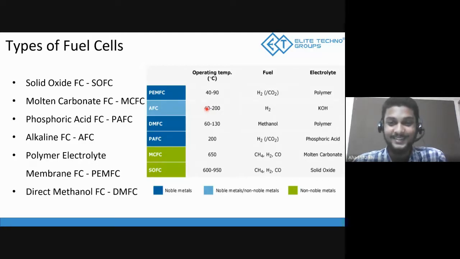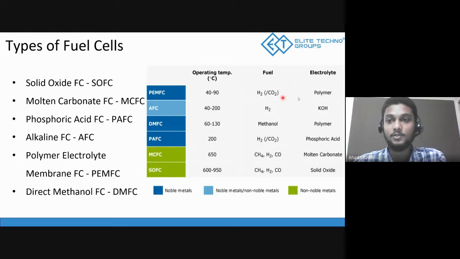In India, 40 degrees is a normal temperature in most regions during summer, so it won't be a problem running these cells in normal environmental conditions during summertime. But when it's around 20 degrees, we have to elevate the temperature a little bit. Still, 40 degrees seems less difficult to achieve when it comes to operating the fuel cell.